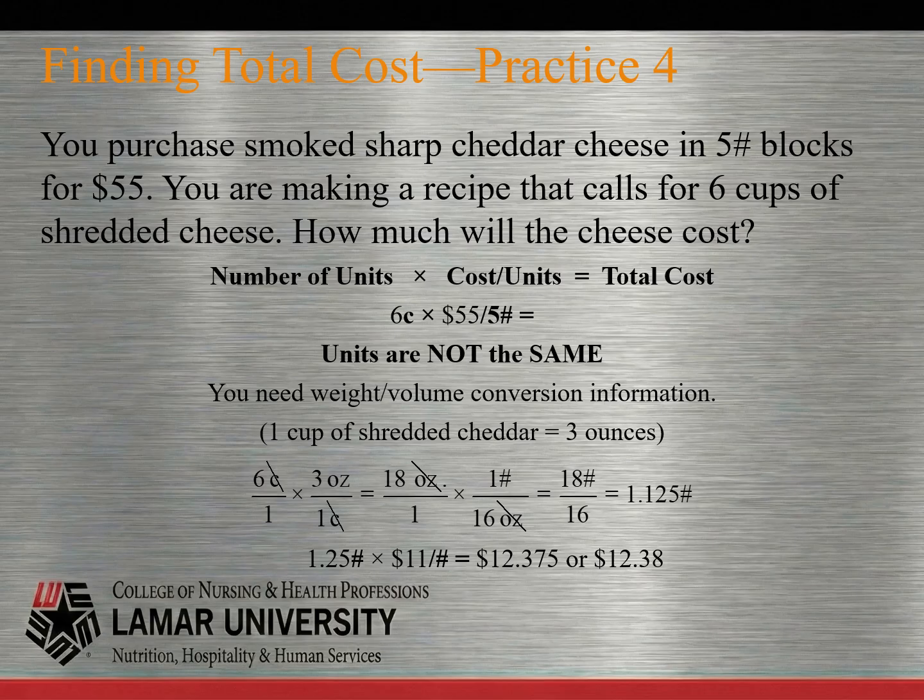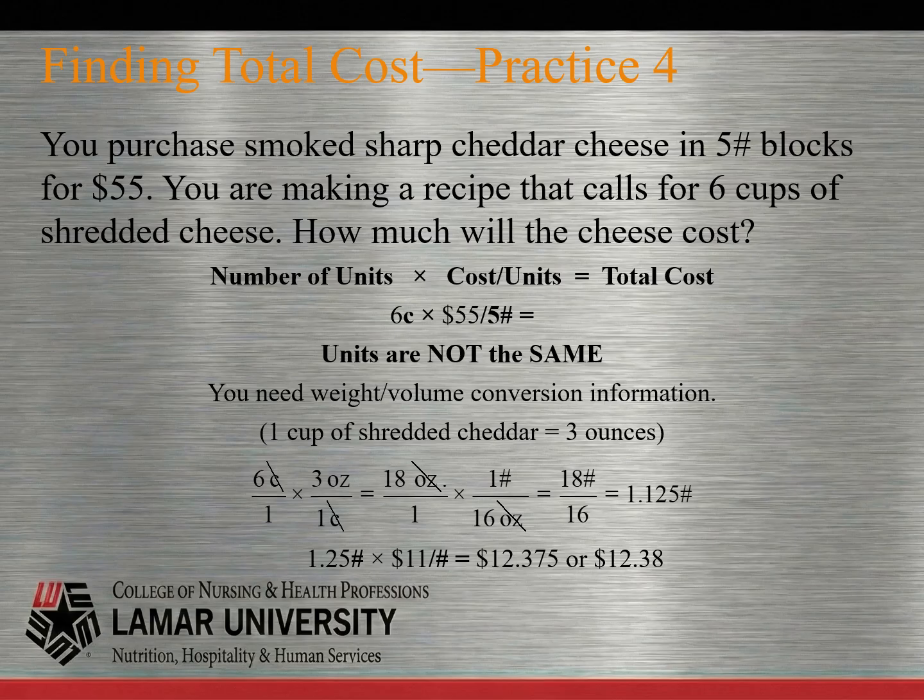So the recipe calls for 6 cups. 6 times 3 equals 18 ounces. So we want to convert the ounces to pounds because that's what we already have. So 18 divided by 16 equals 1.125 pounds.